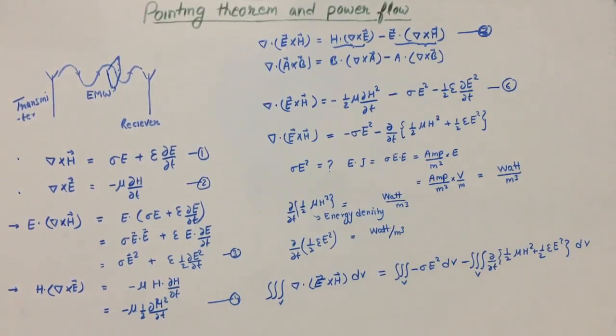We can say this is the power in the wave in a medium which has conductivity sigma, permeability mu and permittivity epsilon. So if the wave is propagating in a medium which has these values, then it has power that is written here.